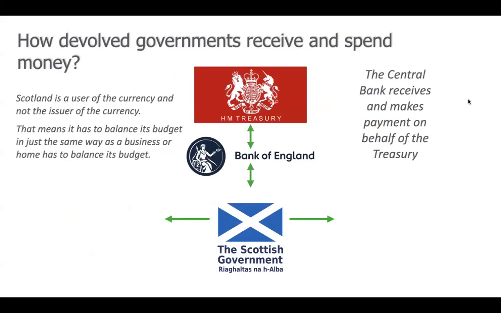Scotland is a user of the currency and not the issuer of the currency. That means it has to balance its budget in the same way as a business or home has to balance its budget.